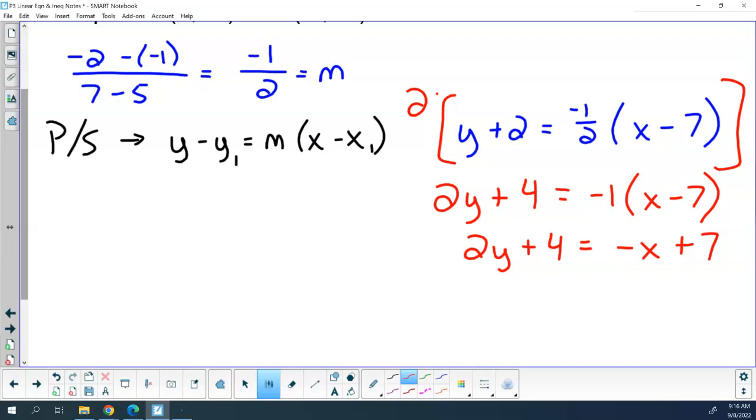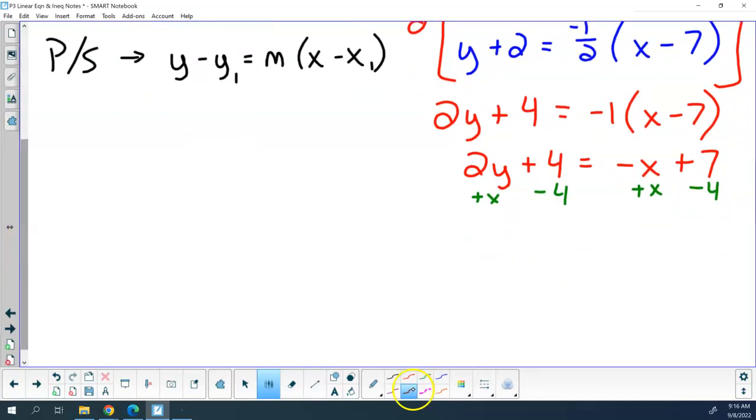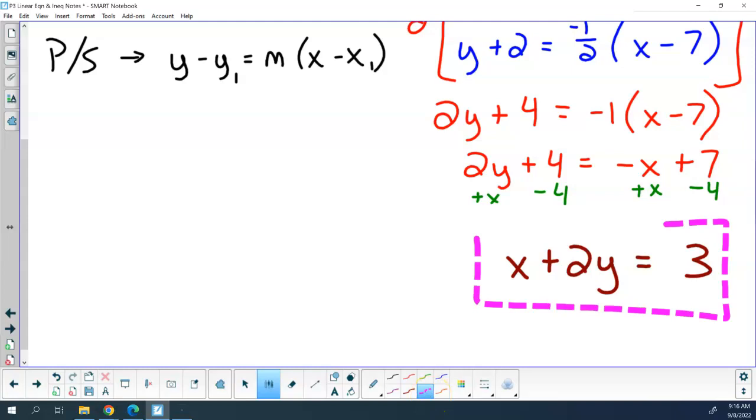So I'm going to add x, and at the same time, I'm going to subtract 4, because I can do that. We're smart like that. So I get x plus 2y equaling 3. Standard form always goes x then y then the constant. Good? And that, ladies and gentlemen, is my answer. That is the equation of the line in standard form through those 2 points.